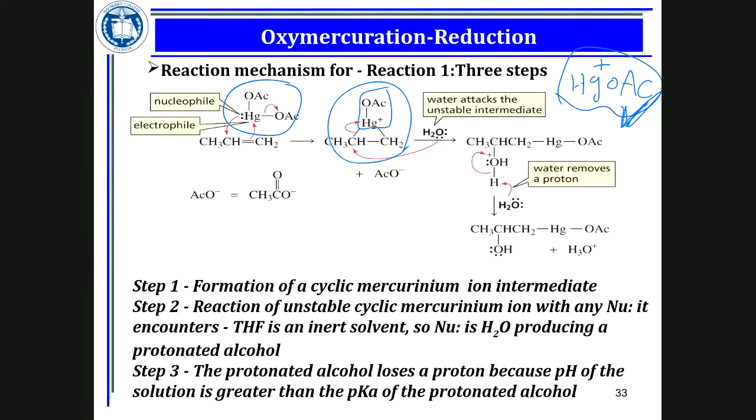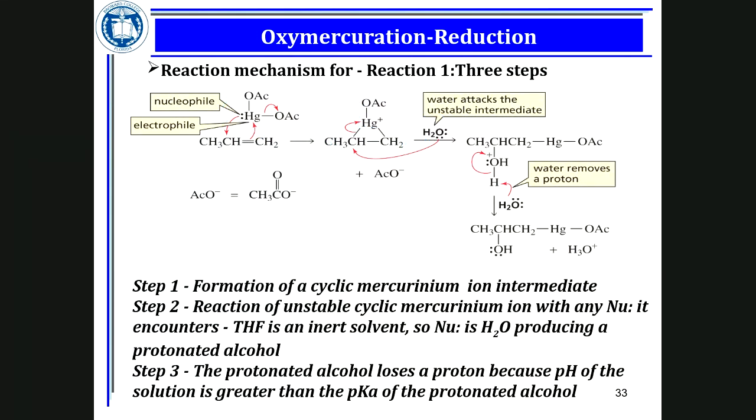So when this triangle forms, at the next step, you are going to get water being added as the nucleophile. When water is added as a nucleophile, which carbon would take the water? So basically the question is, on which carbon would the plus charge be more stable, because this plus charge that is here can now be shared between mercury, the CH2 and CH.